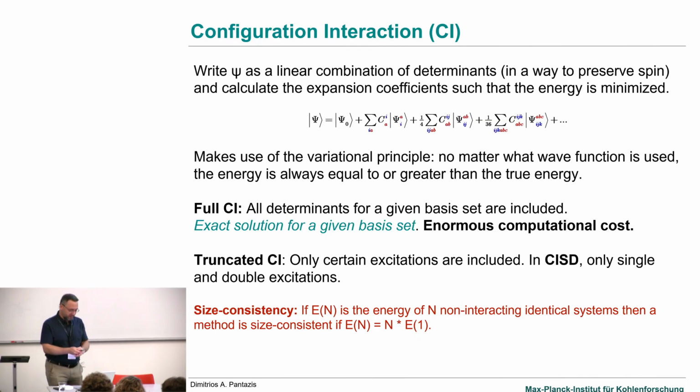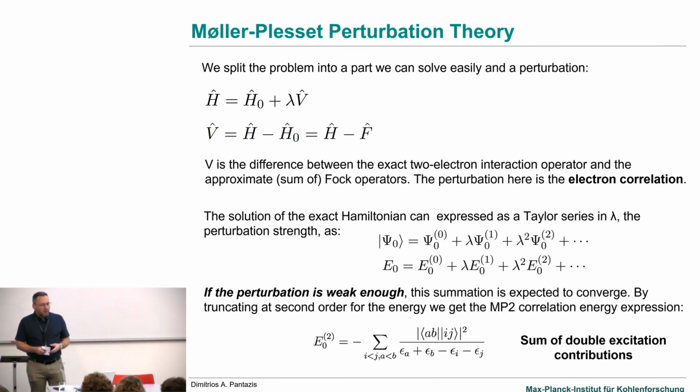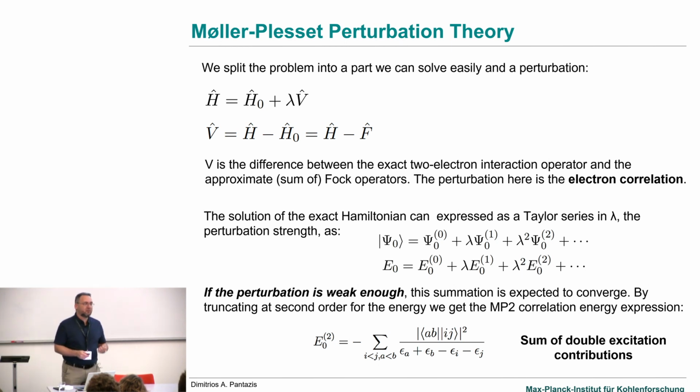We have things like CISD. Or we can think about it in a way of using perturbation theory. So the most commonly used perturbation theory in chemistry is probably Møller-Plesset second order perturbation theory. This assumes that the reference, which is like your Hartree-Fock reference, is good, and that the perturbation is weak, and then it predicts a correction to the energy.